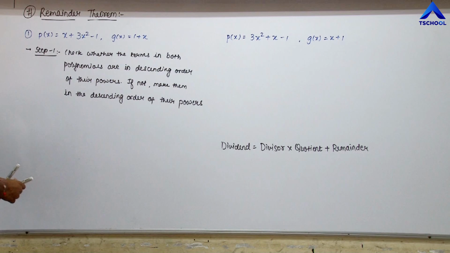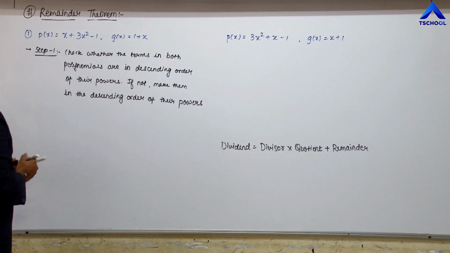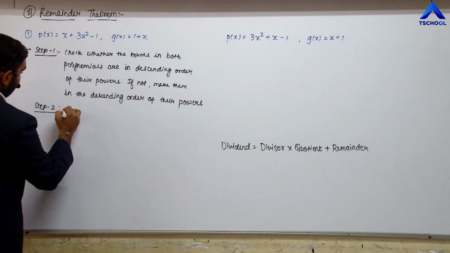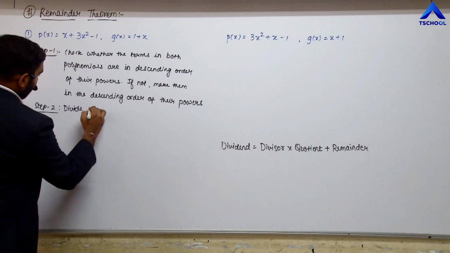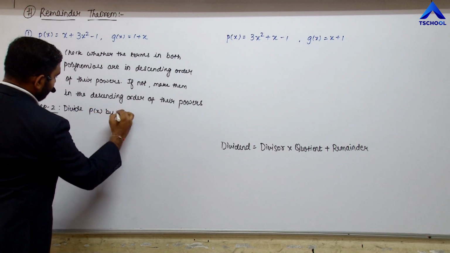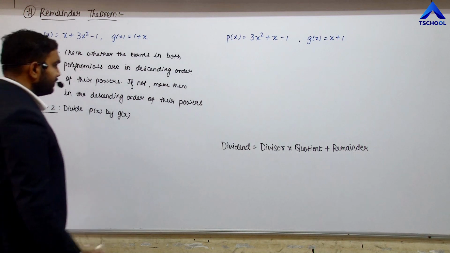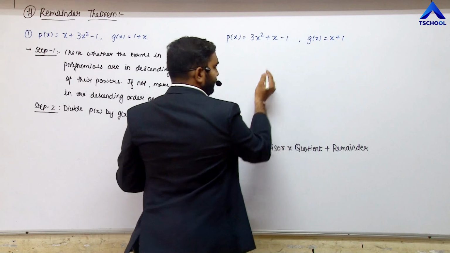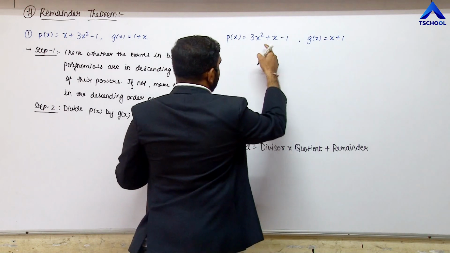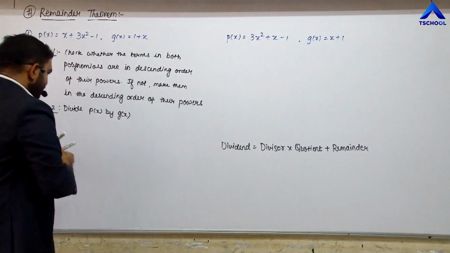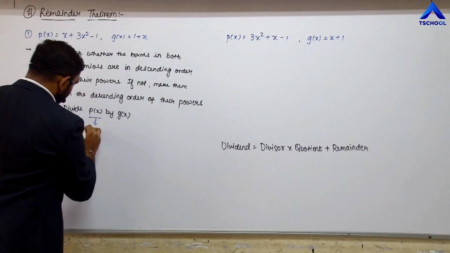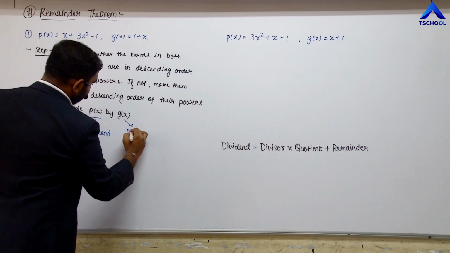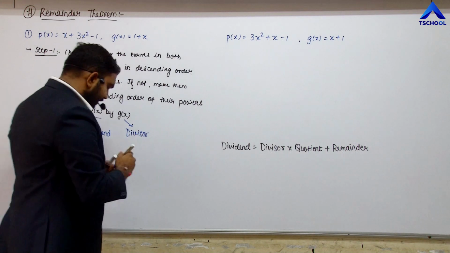After completing the first step we shall now divide it. So the second step is divide p of x by g of x. That means, as we have done in the first case, the division of the numbers: this p of x here is the dividend, and g of x here will be the divisor, right?